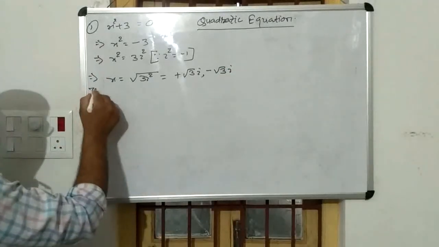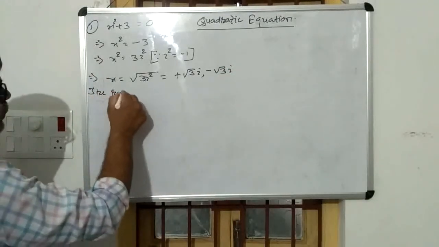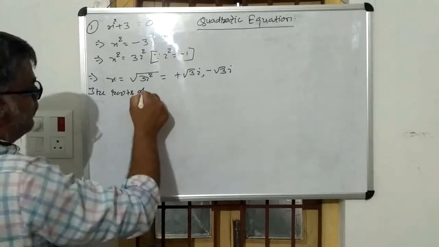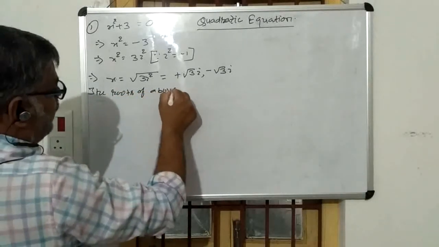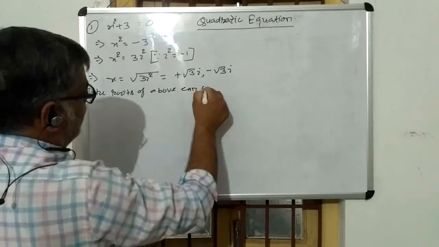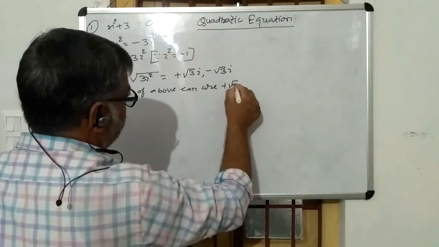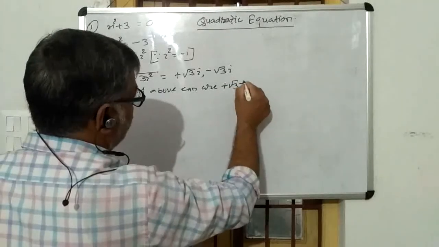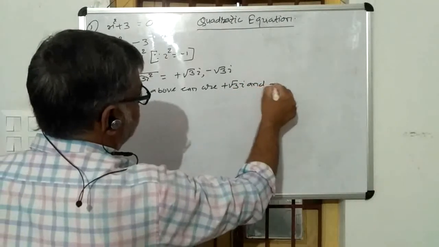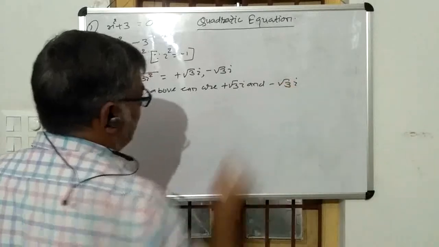So the roots of the above equation are plus root under 3i and minus root under 3i.